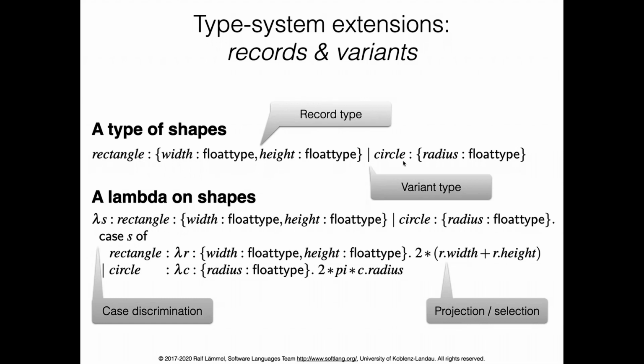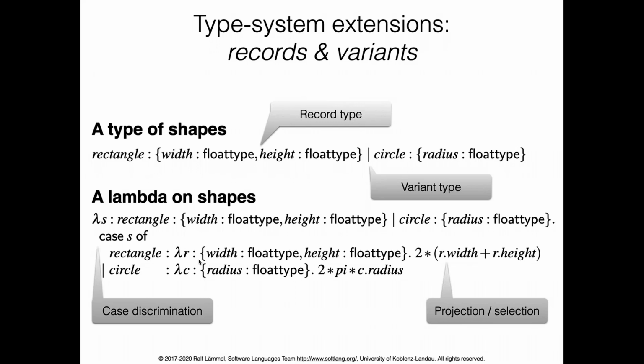Okay? And now we can define, for example, a lambda that takes a shape. So here, indeed, we take an S, and it's exactly of the type that we had seen here. And here we now engage in what you would call case discrimination. So we perform a case discrimination on all the conceivable variants. So it can be either a rectangle or a circle.